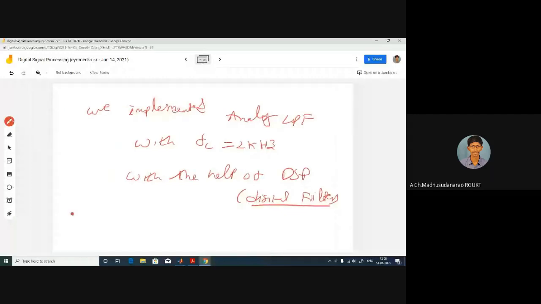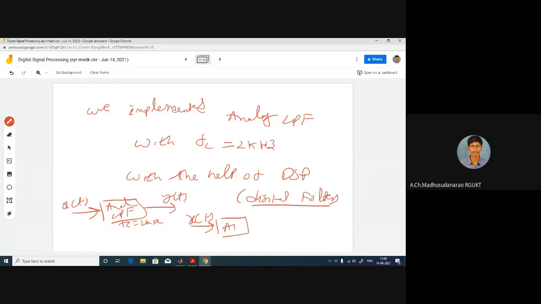This is my input x of t. This is my analog low pass filter with cutoff frequency 2 kilohertz. This is the output I am going to expect. We try to implement this indirectly with the help of a digital system through some program. For that, x of t is converted to x of n.